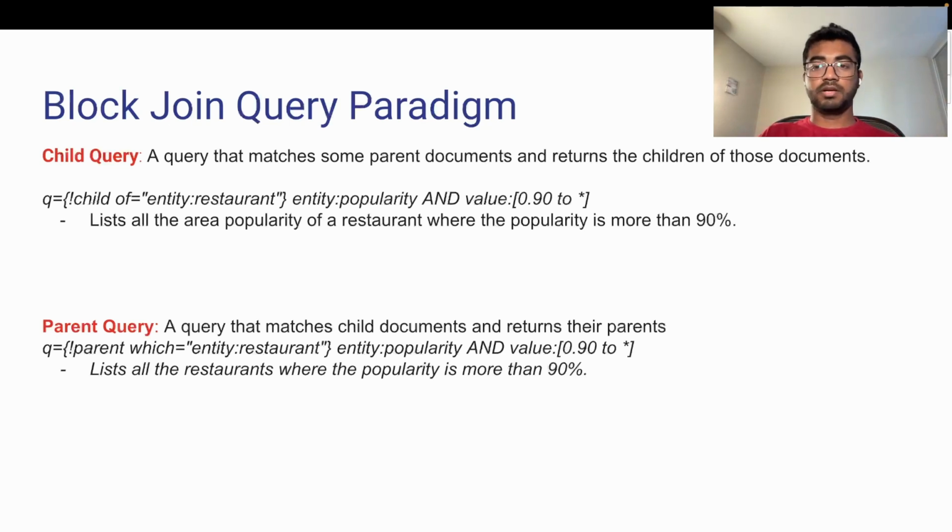The first part is something called a child query. What is a child query? It is a query that matches some parent documents and returns the children of those documents. Take a simple example: give me the popularity of the restaurant that has the name, let's say, dynamic biryani that we discussed. It'll give that.